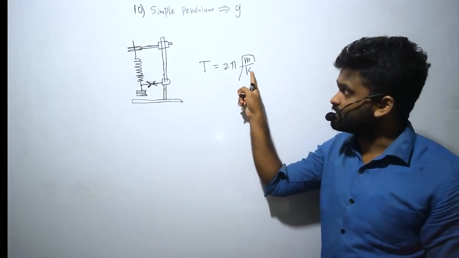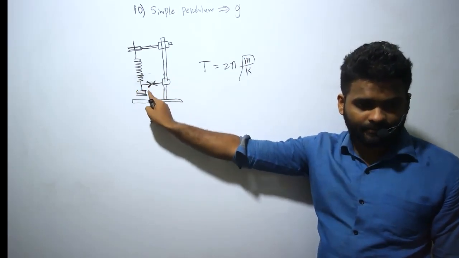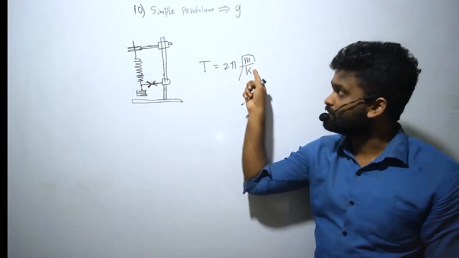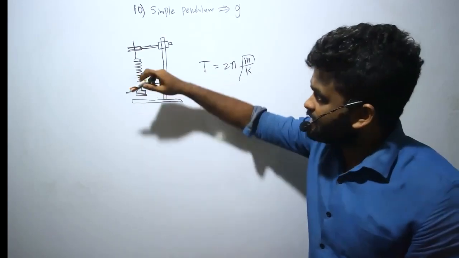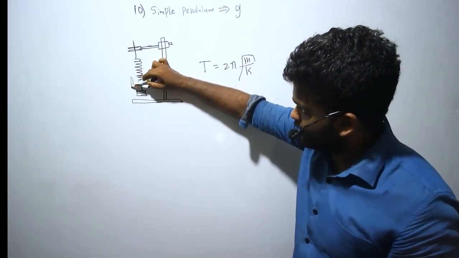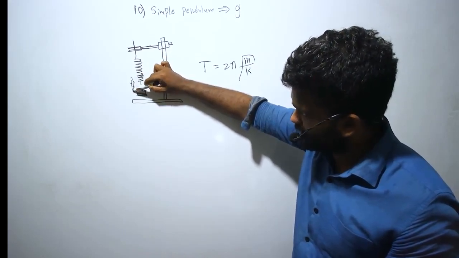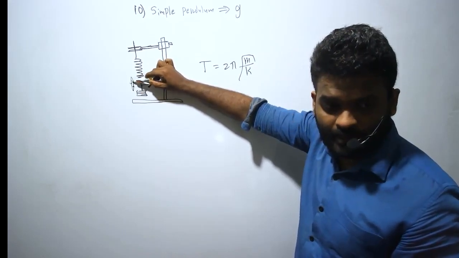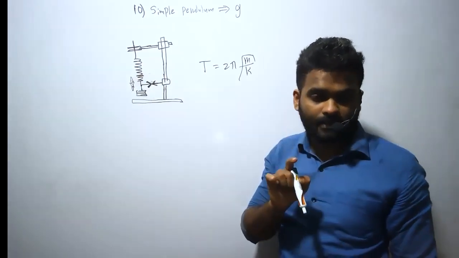K is spring constant, and m is the mass applied here. That is the time period. Time period means this goes up, comes to the original position, goes up, comes to the original position. So that is one time period.